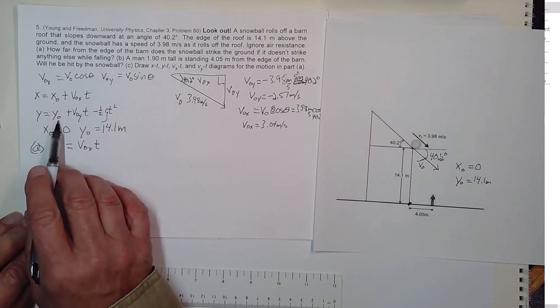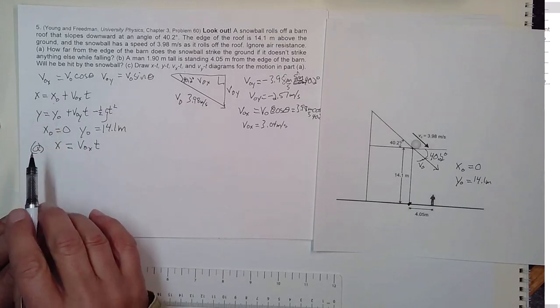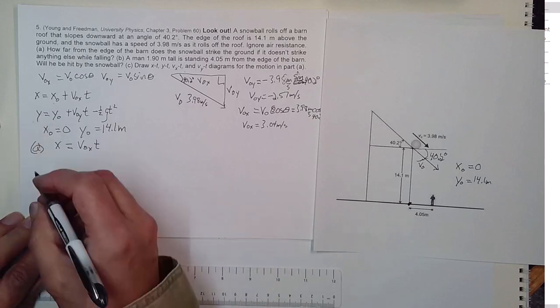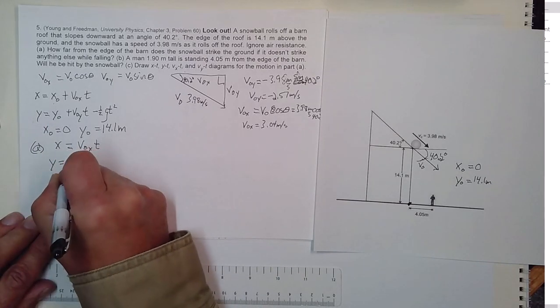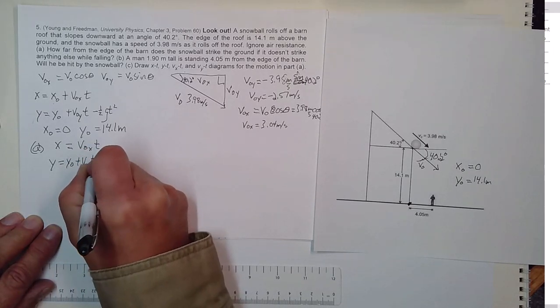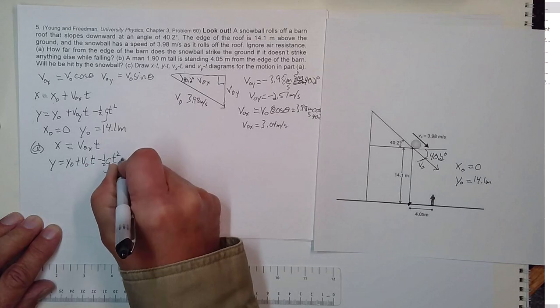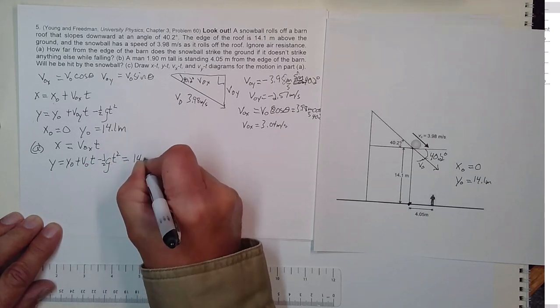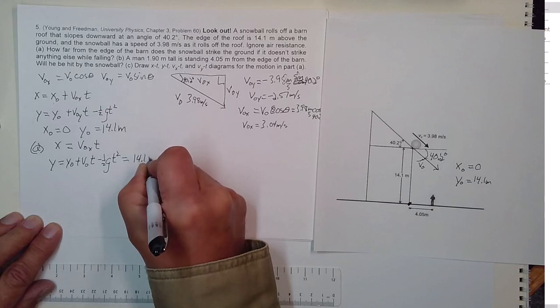Y naught is 14.1 meters. When it strikes the ground, y will be 0. And so for the y equation, I'm going to copy it again. Get in the habit of writing these things down. In this case, 0 will equal 14.1 meters.